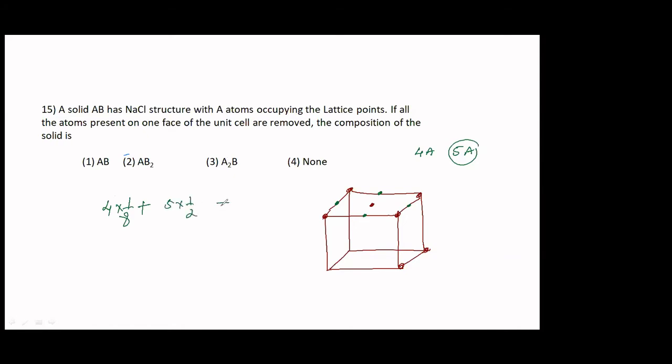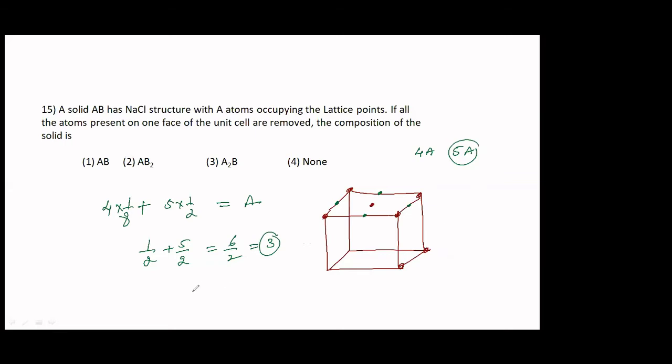So this is the number of A atoms: 1 by 2 plus 5 by 2, which is 6 by 2, which means it is 3. So you have got 3 A atoms. Then what about B, which is present in the octahedral holes, edge centers? 4 of them are removed from the edge. So out of 12 atoms from the edge, you are removing 4 of them.